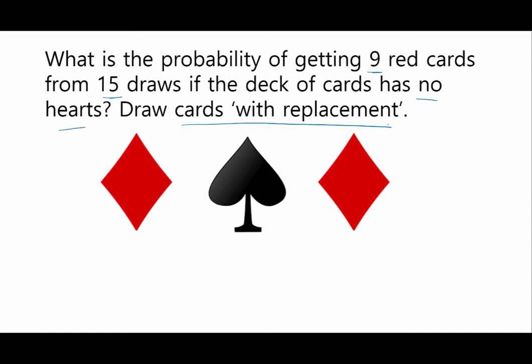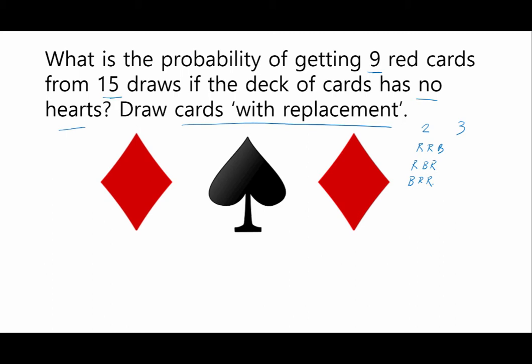So this is an example very similar to one we talked about in class, where we wanted to establish the probability of getting 2 red cards out of 3 draws from this same deck. In that example, in class we established that we could get 2 reds out of 3 draws as follows: red, red, black; red, black, red; or black, red, red.